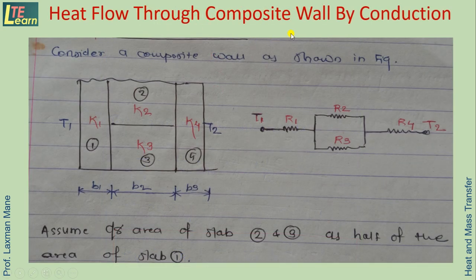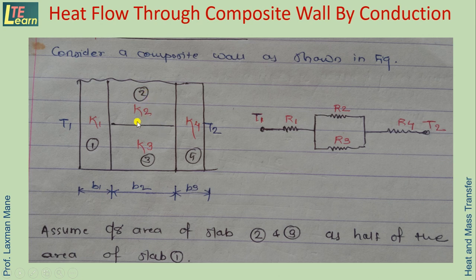Now consider the case of heat flow through a composite wall by conduction in which parallel layers are present. Here consider a composite wall. The first layer has thermal conductivity K1 and thickness B1. Next to this there are two layers which are in parallel.